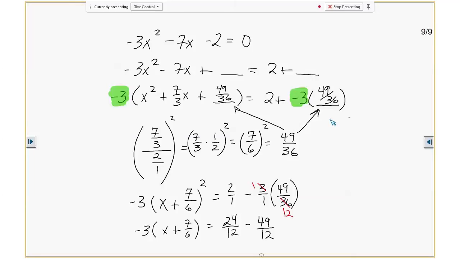All right, finish it out. Find the vertex, and I'll even help you out. 24 minus 49, what does that come out to be? 25? -25, help me out. -25/12.